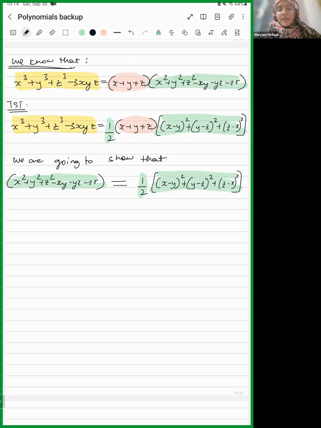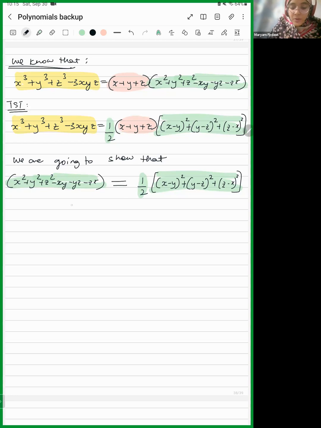Till this step, till the last step. So we have to show that this thing is equal to this thing. How do we do that? Ma'am, maybe we can open the brackets inside. Okay. So we can open the bracket.